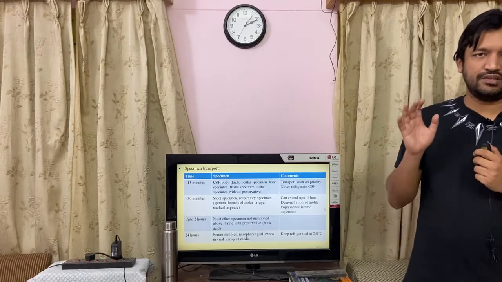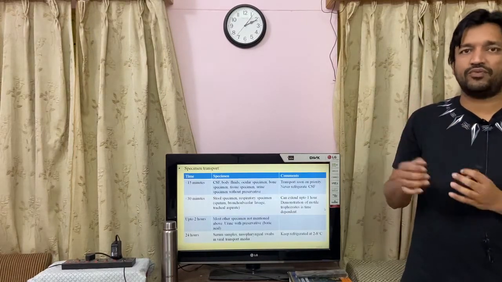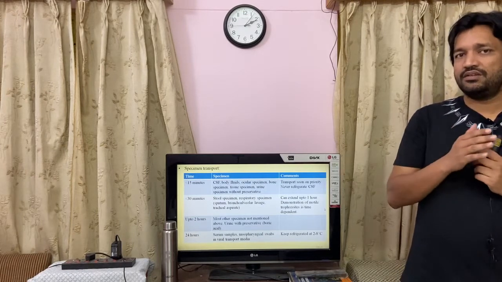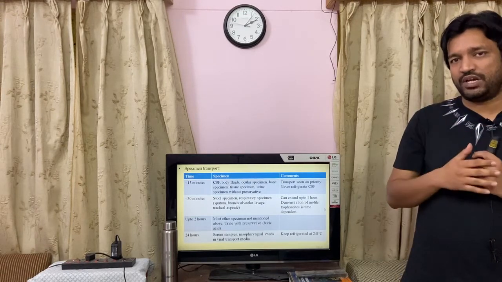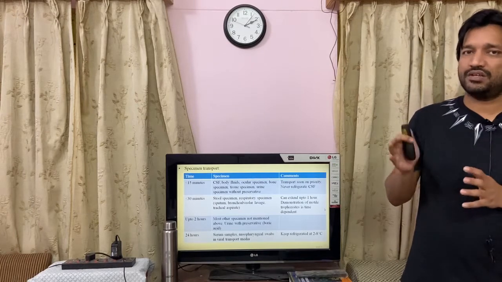Then for 30 minutes or up to 1 hour, you can utilize this time frame for stool specimen. You should note that if you take beyond 30 minutes, then the chances of demonstrating motile trophozoites in this specimen will reduce.